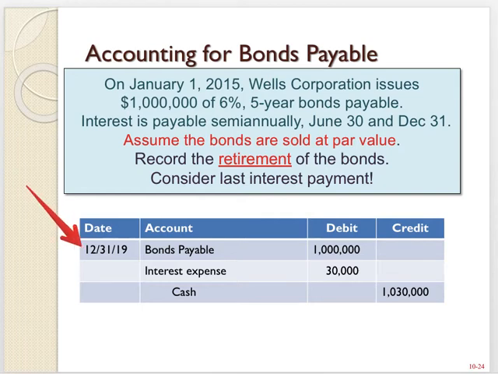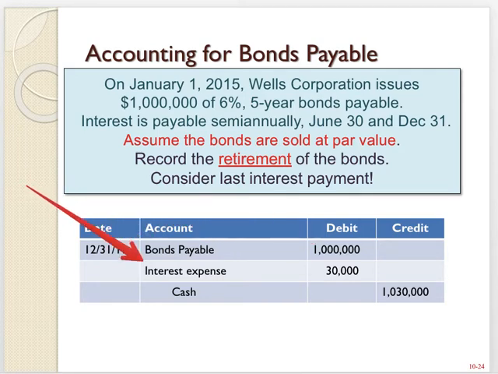So when you record it in your journal entry, it looks like this, okay? December 31st, 19, that's 5 years from the date of issuance from January 1st, 2015. And our bond payable liability account, we're going to debit it to show that the liability is going down. The liability is going away for $1 million.